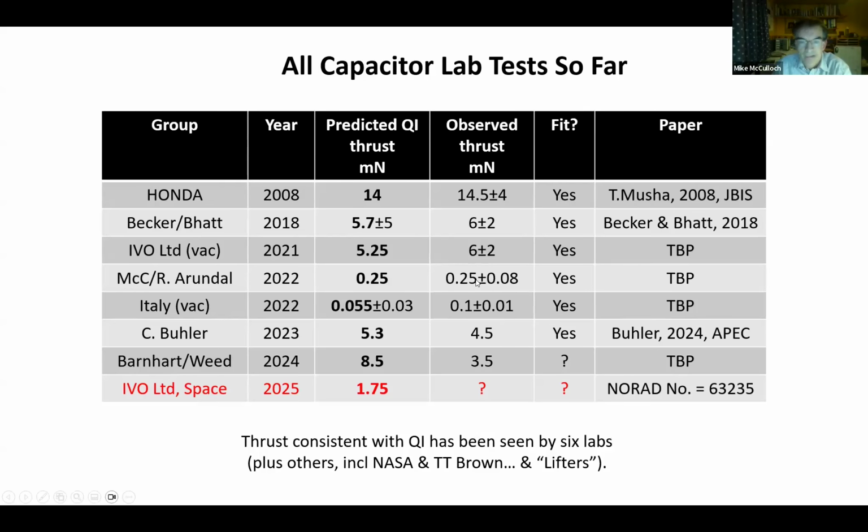Although our thrust was smaller, it was predicted to be smaller. An Italian group tried it as well, and the theory agreed with that. There was a Charles Bueller as well of Exodus Technologies tried it, and there was a group in California. So several groups have now tried it and seen good results.